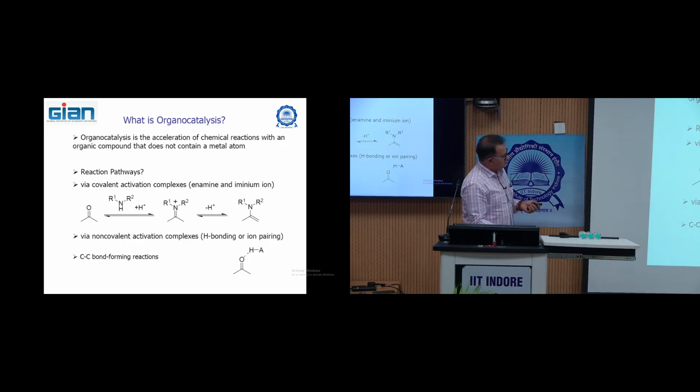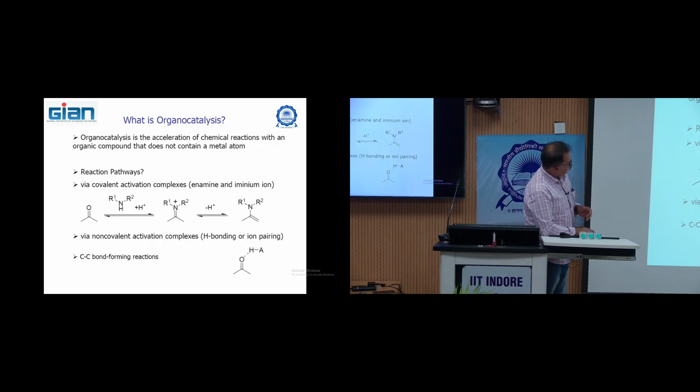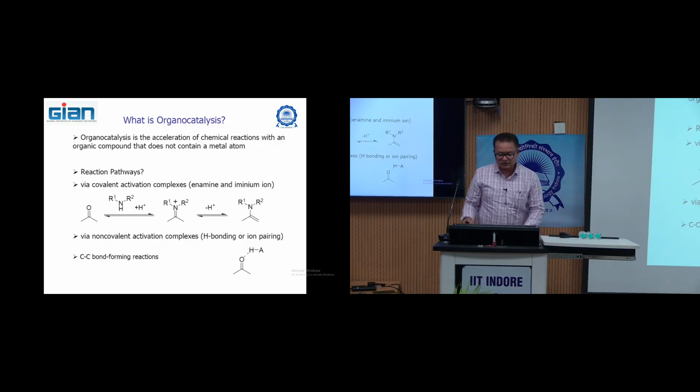If you look into this, the first one we discuss about the reaction pathways, and the first thing that comes to my mind, or any organic synthesis mind, is iminium catalysis. You can see that it goes via a covalent activation complex. You take a carbonyl, you take an amine, form an iminium, and then there is a deprotonation to generate a new organic fragment or new organic ammonium molecules.